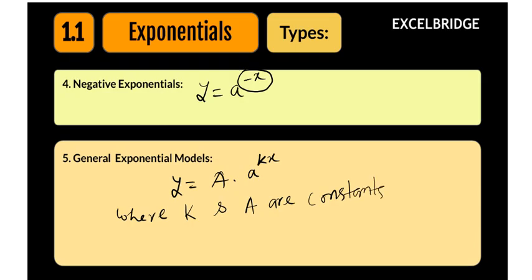So this is the general exponential model where a and k are constants.